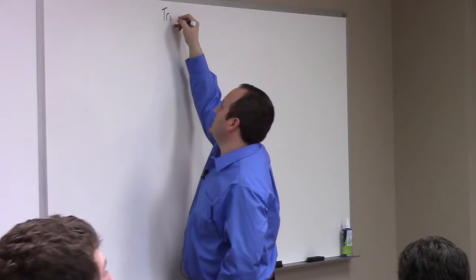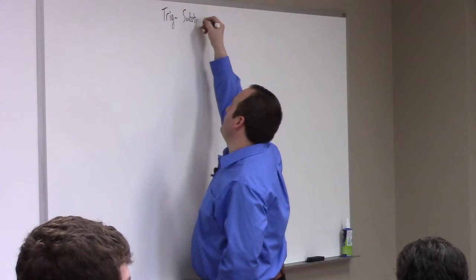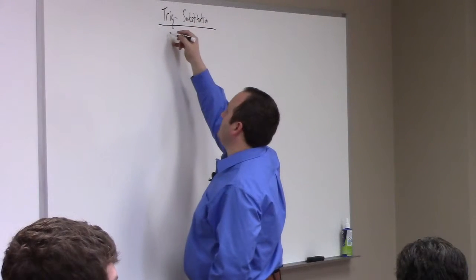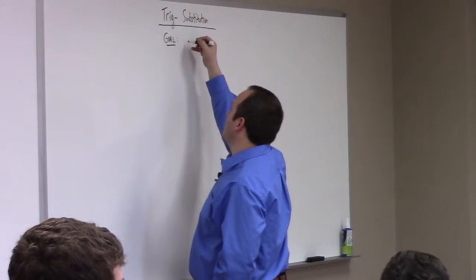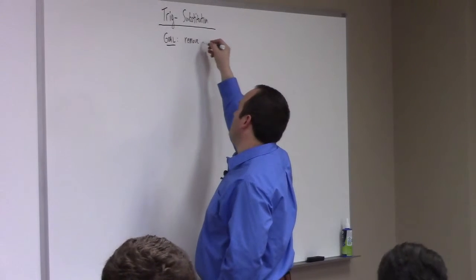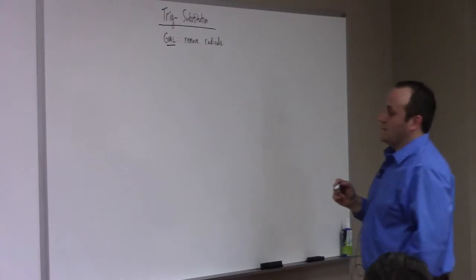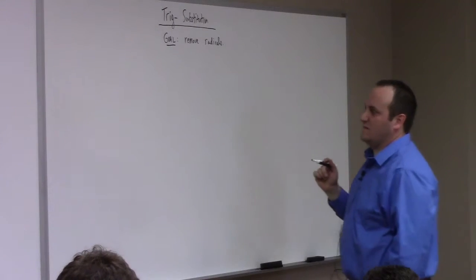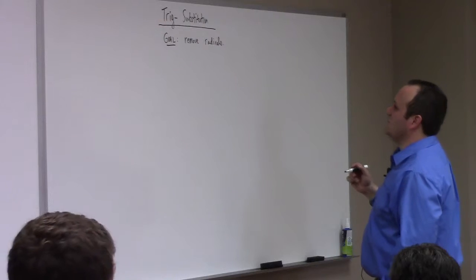So I'm just going to start with a pretty standard example. But just before I even do that, the principal goal of trigonometric substitution is to remove radicals. All right. Remove square roots. But it's a little bit more than that, actually. That almost belittles trig substitution, I think.